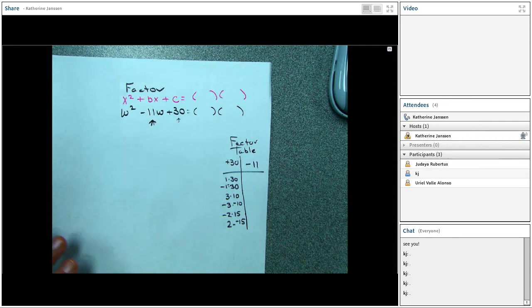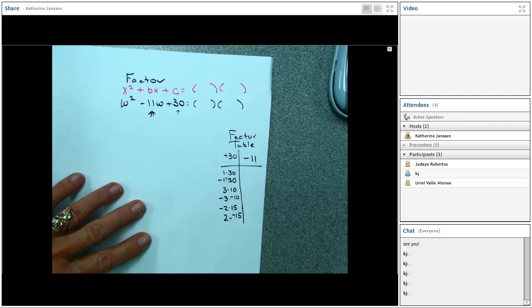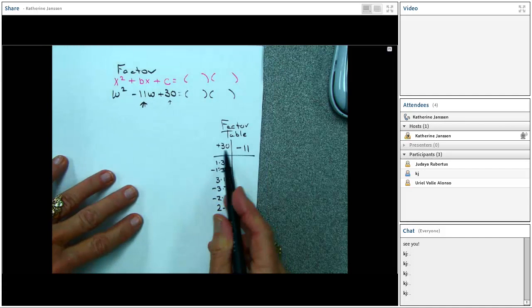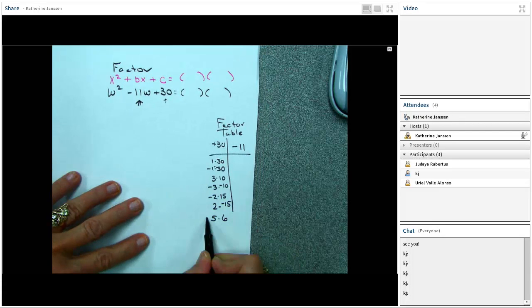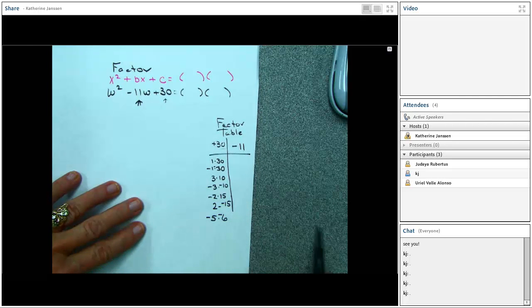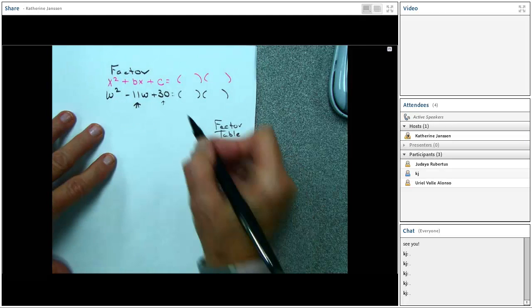It's not quite going to be the right factor pair either. 4 doesn't go into 30. How about 5? 5 times 6, a negative 5 times a negative 6. Negative 5 plus a negative 6 is negative 11. So there's your factor pair.